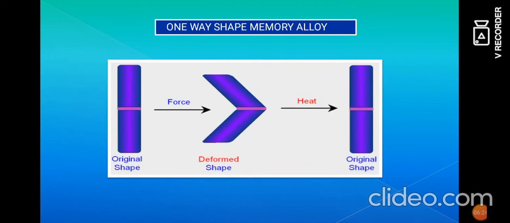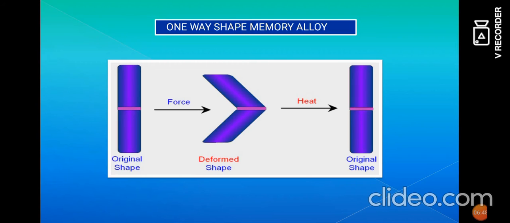Here we see the diagram for one-way shape memory alloy. Here we can clearly see the original shape of the shape memory alloy on the left side. Now when the small force is applied, the shape memory alloy material is slowly bent. That is shown here as the deformed shape of the shape memory alloy.